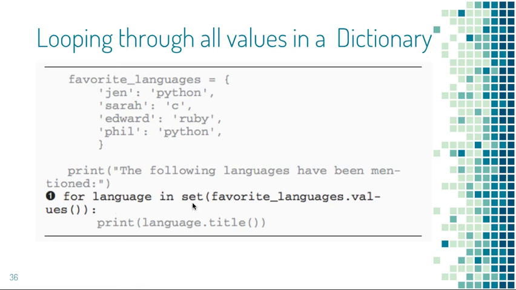around a list that contains duplicate items, Python identifies the unique items in the list and builds a set from those items. At 1, we use set to pull out the unique languages in favorite_languages.values. Notice we have 4 languages, but really only 3 because Python is twice.